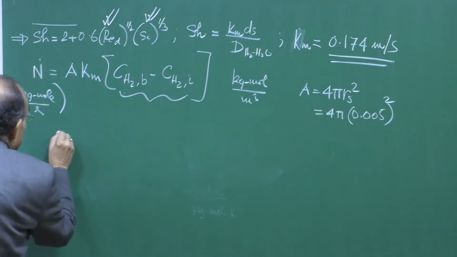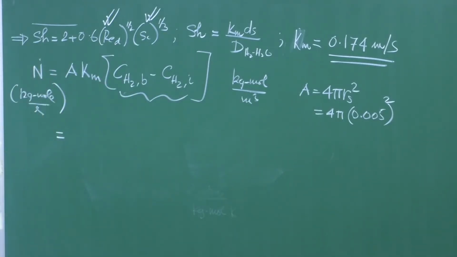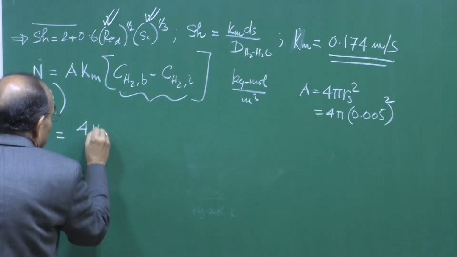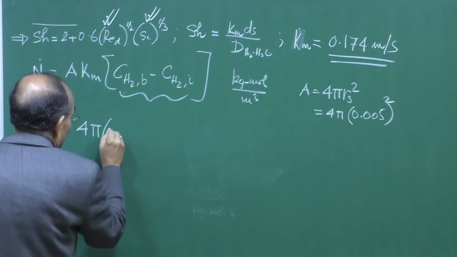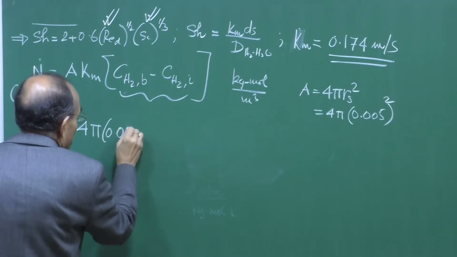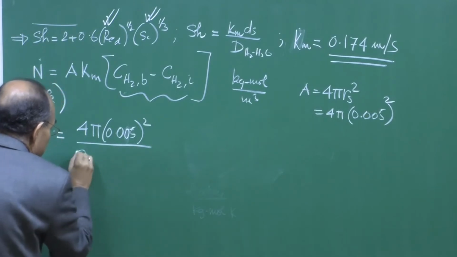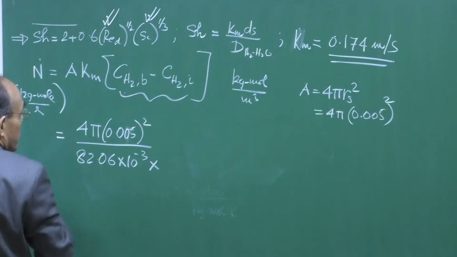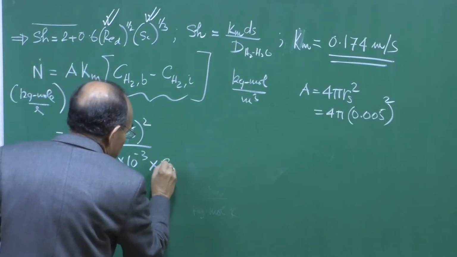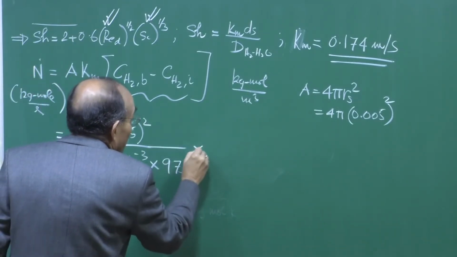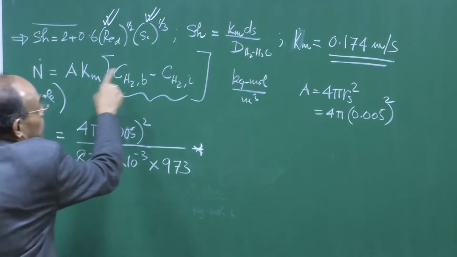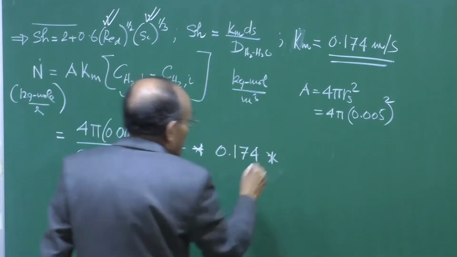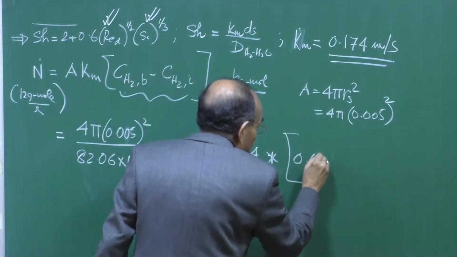We can say the area, which has been calculated, is 4 pi r squared, 4 pi into 0.005 squared, then 82.06 into 10 to the power minus 3, then we have temperature RT, and that temperature is 973. Then we have the mass transfer coefficient, which is 0.174, multiplied by the concentration difference in terms of the partial pressure, and that is equal to 0.09.